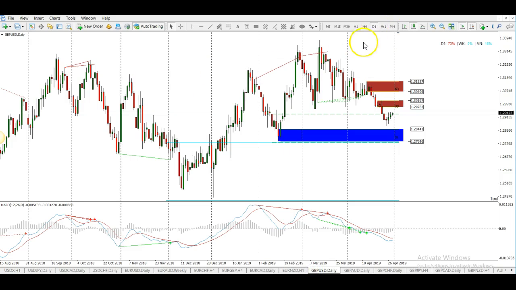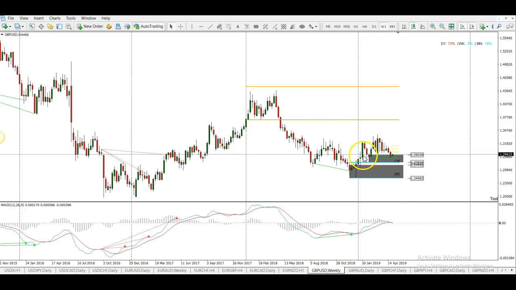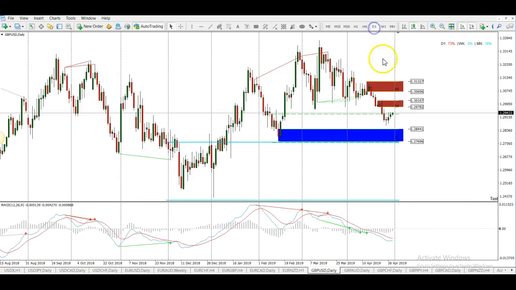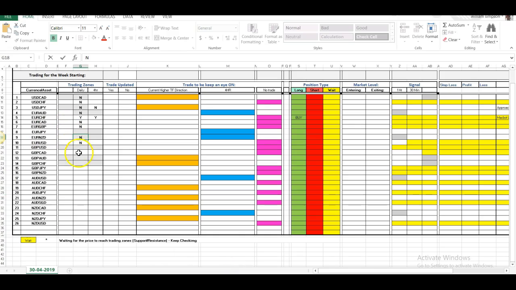British pound, GBP. Okay, so it's reacting from this weekly zone here that caused this high here and took out these zones. So it's approaching, it's been 30 pips off at this daily zone here that caused this low. So this could be a nice scalp. And nothing yet. So what I'll do is I'll fill it in. No, or approaching.